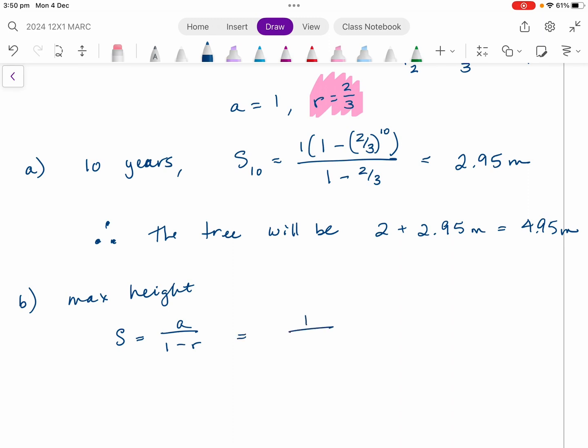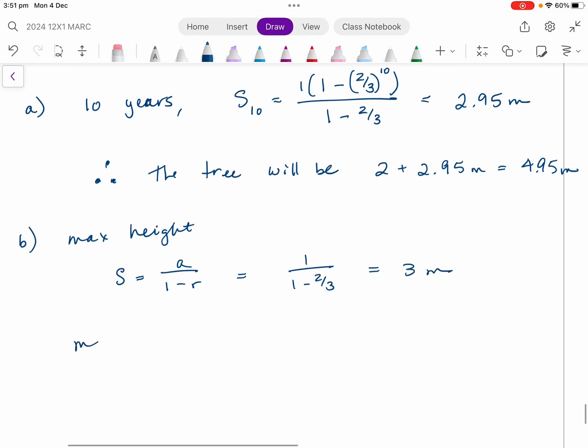So we're talking about 1 on 1 minus 2/3. So that equals 3 meters if we do that arithmetic. So the max height is, it'll grow an additional 3 meters on top of its starting height of 2. So its max height is going to be 5 meters.